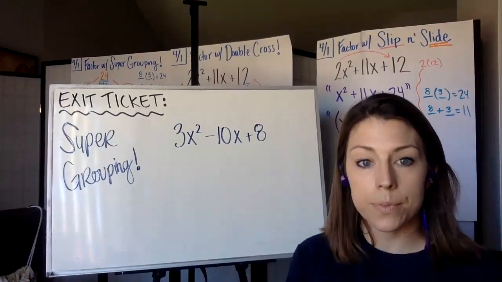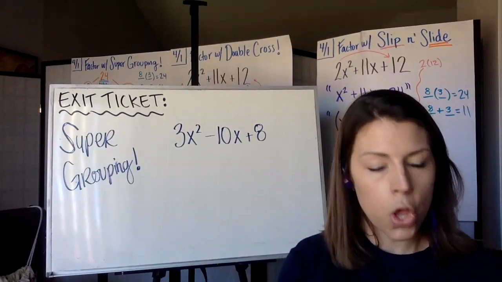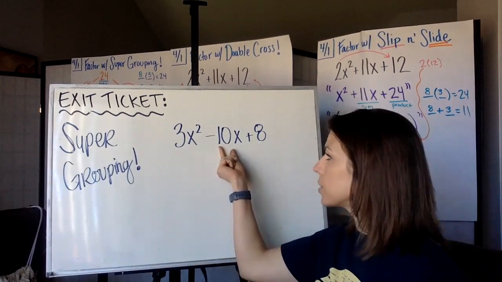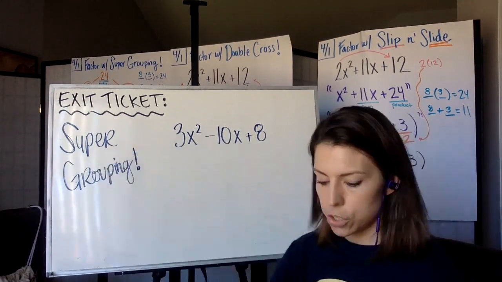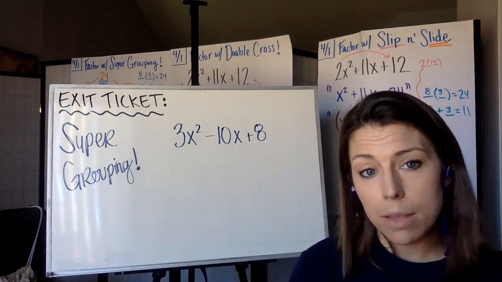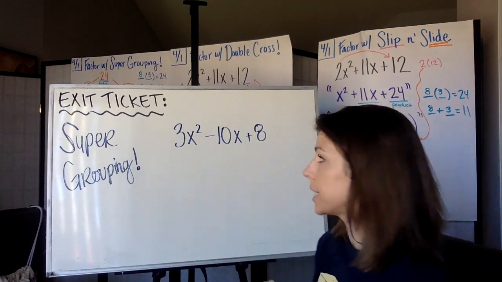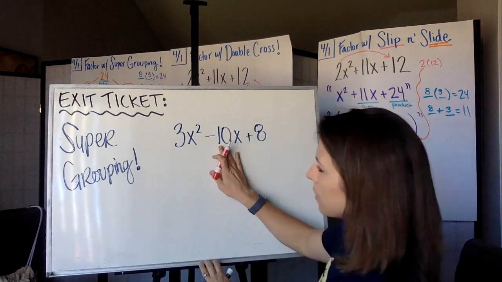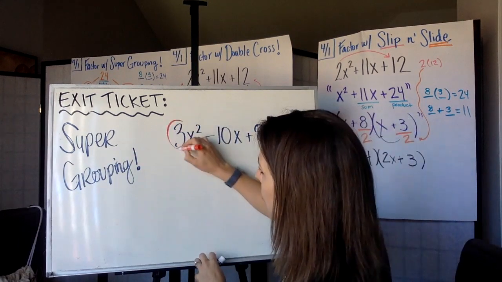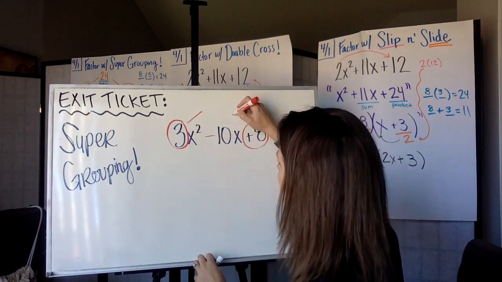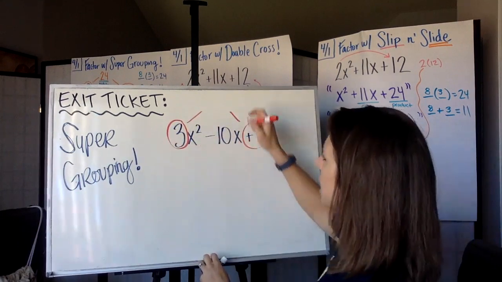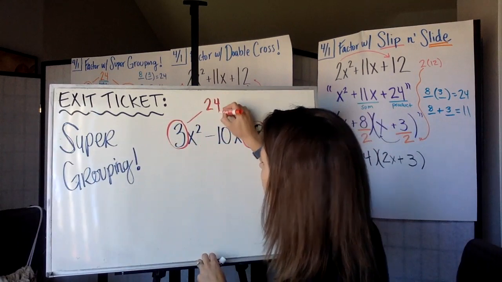Okay, so if you remember how supergrouping works, our goal is to split up the middle term to create a 4-termed expression that we could then do grouping on. So we play the P's and Q's game with a little bit of a twist. It's what two numbers have a sum of -10, but the product is the first term times the last term. 3 times 8 is 24.